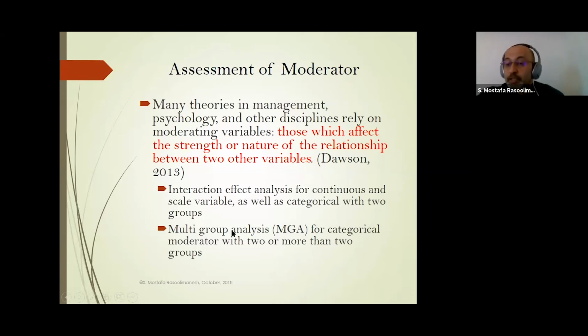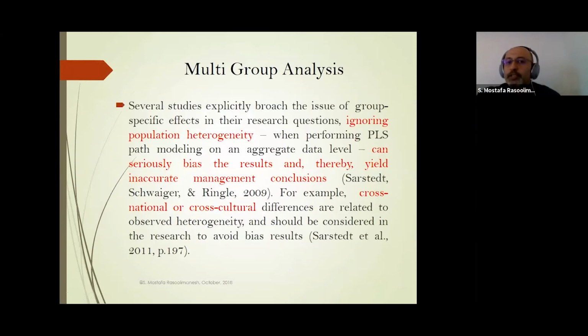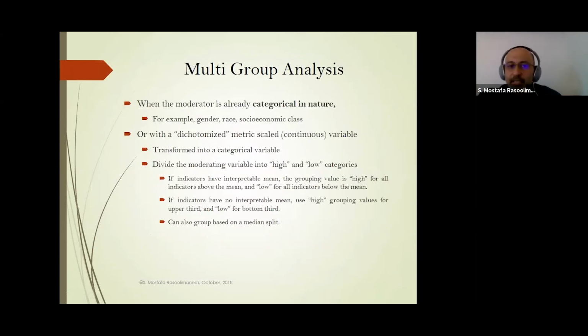Another method is multi-group analysis. Multi-group analysis is for situations where we want to assess differences between path coefficients, for example for all paths, or for a categorical variable. The steps are a bit different from interaction. In multi-group analysis, we have to split our data into two groups, or three or four if we have more than two groups.